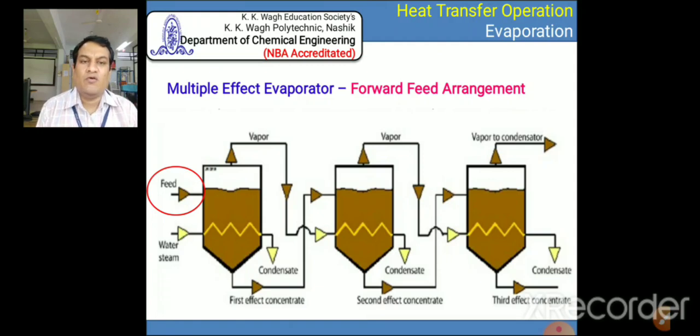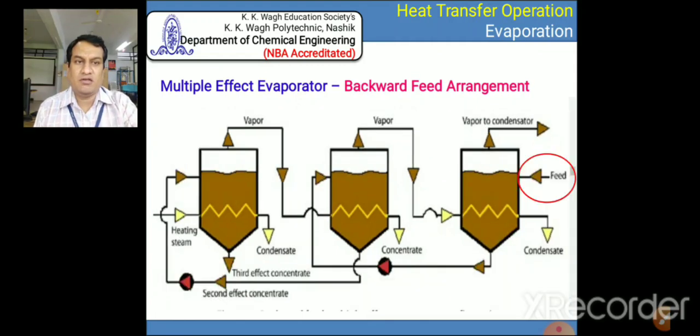So when we are going to concentrate by a small percentage difference, then we can opt for the forward feed arrangement, as it is naturally flowing from the first to second and second to third, because the pressure difference is there in the first, second and third. So in the first effect, high temperature, high pressure, and in the third effect, low temperature and low pressure. So obviously feed as well as steam is flowing from the first to second and second to third naturally, without external agency or without a pump.